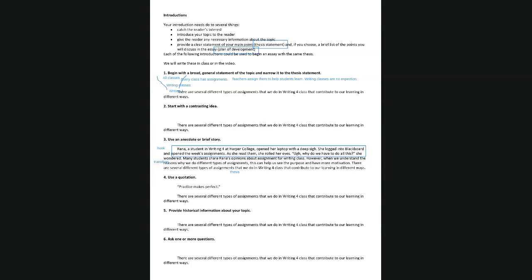Okay, number 2 is to start with a contrasting or opposite idea. A contrasting idea means an opposite idea. This one doesn't maybe work quite so well, but I will try it anyway. Imagine a class that does not have any assignments.